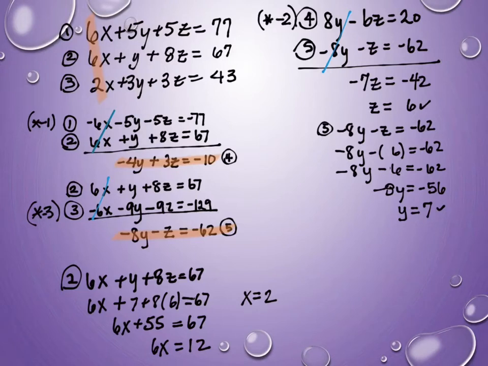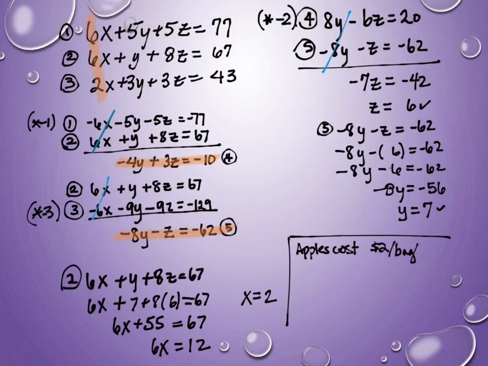Yeah, the cost per bag of fruit that we were looking at. So I'll start with x just because it's alphabetical order. X was what fruit? My apples. So my apples cost $2 per bag. Cherries was next.